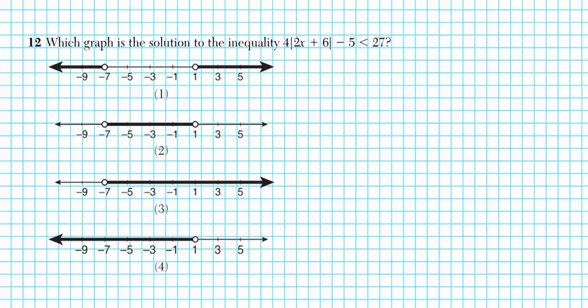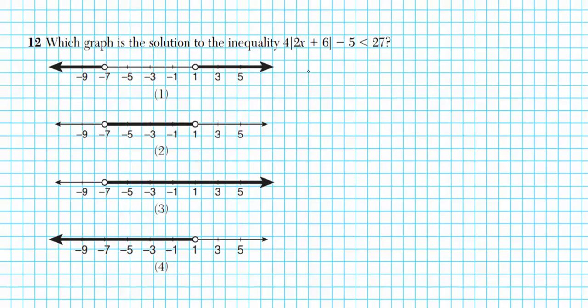We have an absolute value inequality. It says, which graph is the solution to the inequality 4 times the absolute value of 2x plus 6, minus 5 is less than 27. Now, with this problem, you can actually determine the correct answer just based on the look of the inequality.